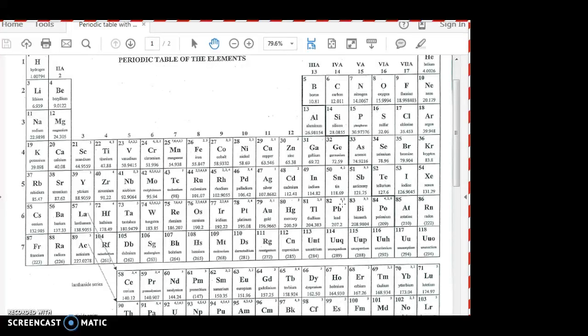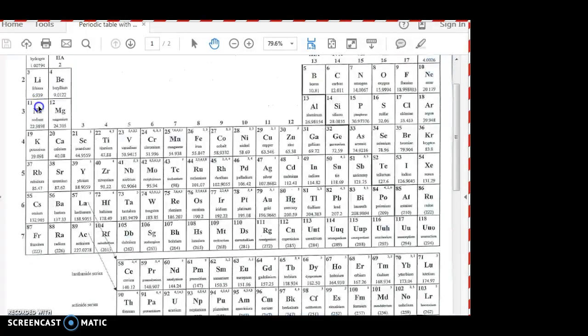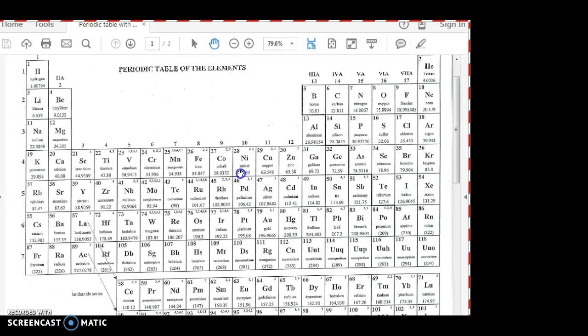Whenever you're working with ionic compounds, always look at the metal first. Look it up on the periodic table. If it does not have any numbers in the upper right hand corner, like sodium, over on the left, atomic number 11, that's telling you sodium really only forms 1 oxidation number, which is a +1.